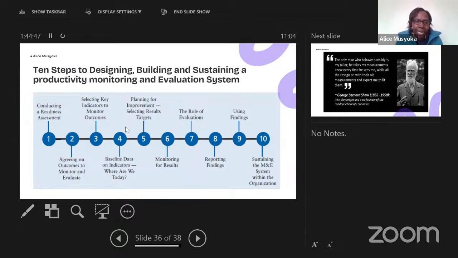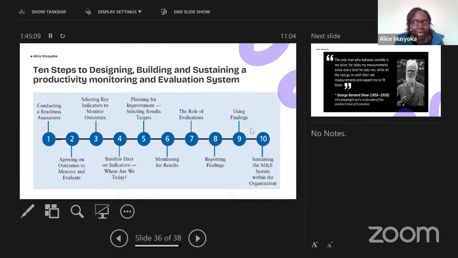We improve on our quality if the findings show that our quality is poor. If our findings show that our costs of production are too high, then we are able to implement some techniques to reduce costs.